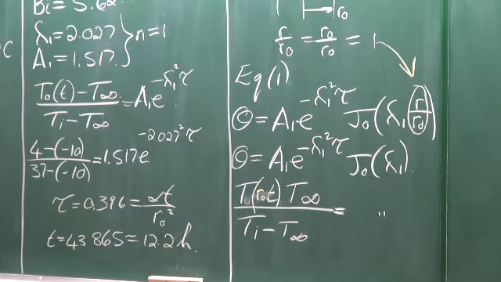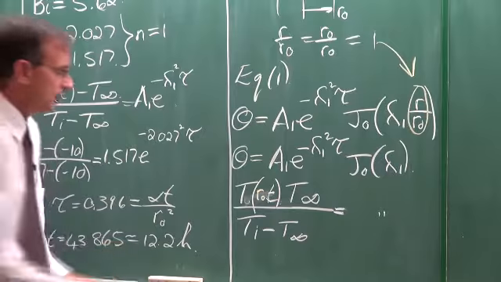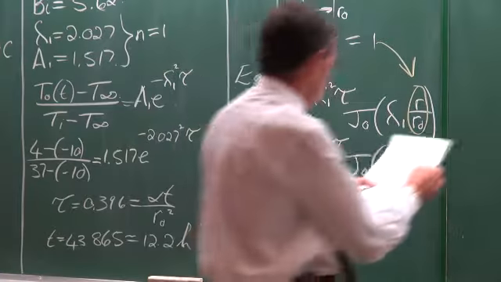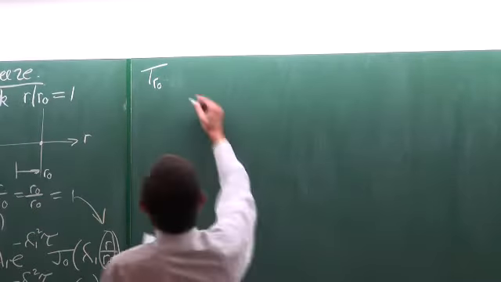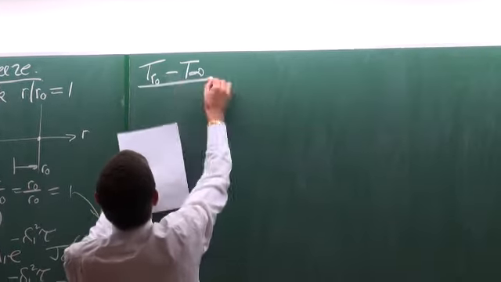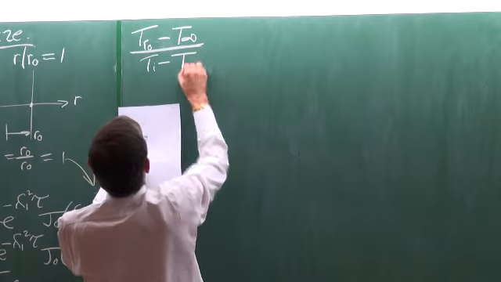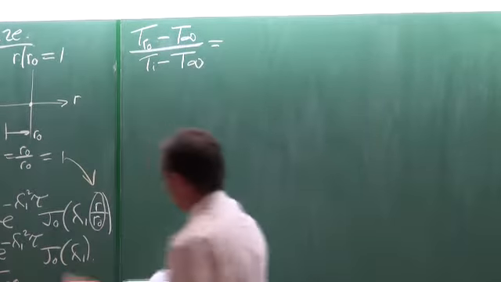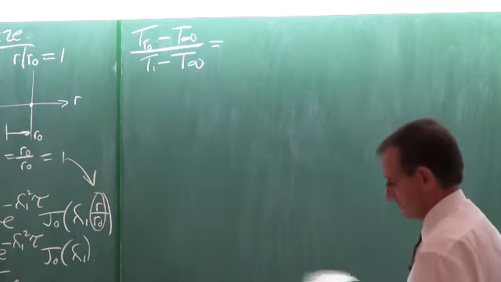Depending on which nomenclature you want to use, I've used it like this: the temperature at R0 minus T infinite divided by Ti minus T infinite is equal to still everything on the right-hand side.